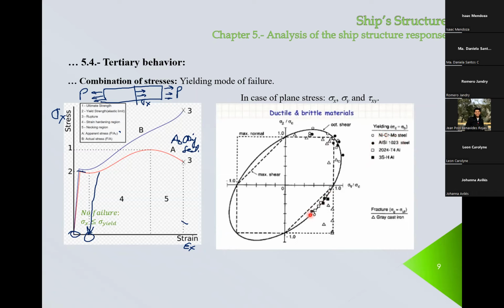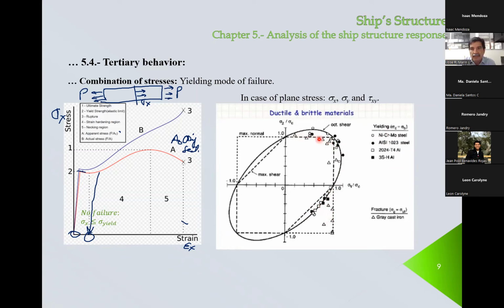And you see that these points mean that you can reach only here, not here, as the brittle. That means that for this type of materials, we have to apply a different criterion. And there are 2 here.